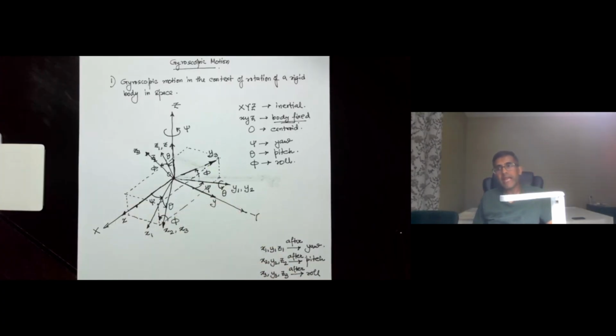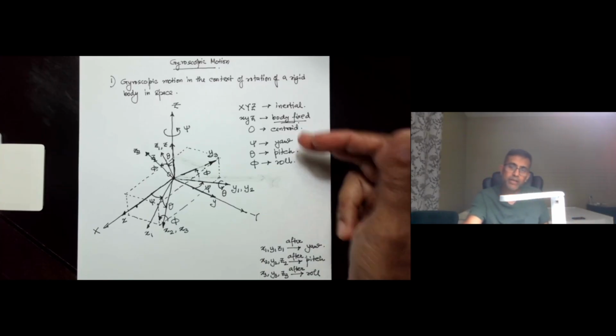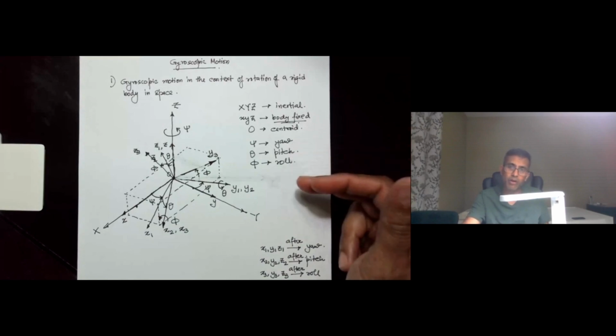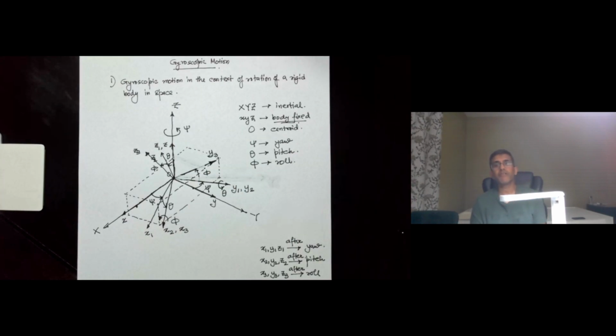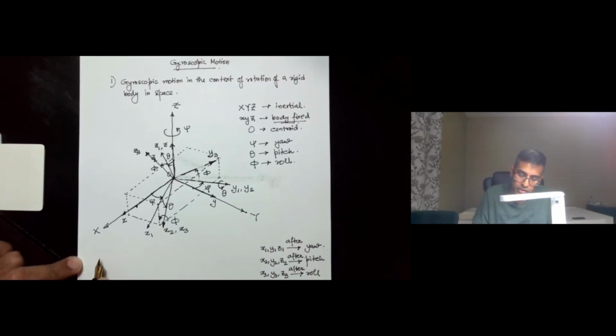In other words, any final rotated configuration can be thought of as a configuration that is arrived at by providing 3 rotations, yaw, pitch, and roll, in that sequence following this convention of rotation. Right? And you can see that the sequence of rotation is Z, Y, X sequence.